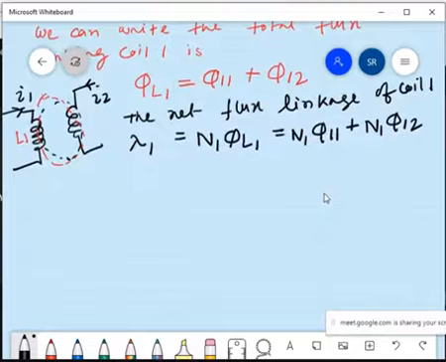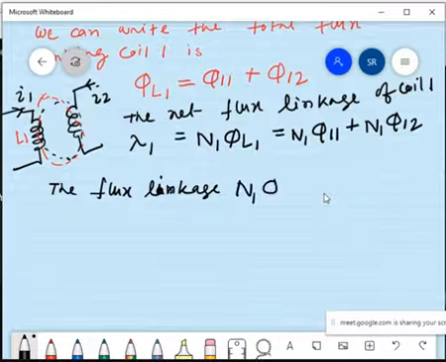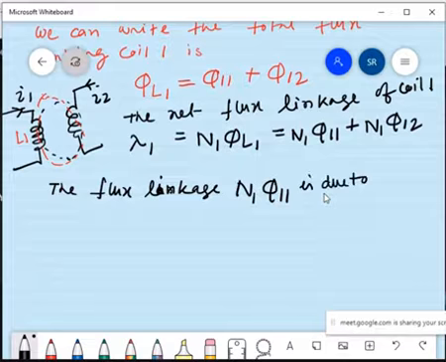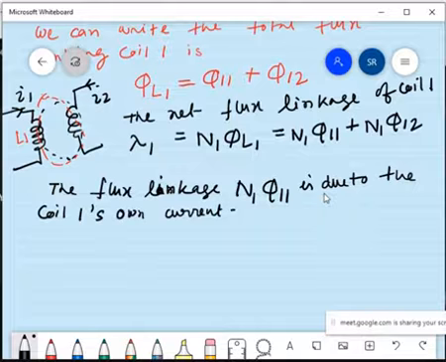Now the flux linkage N1 phi 1 1 is due to the coil 1's own current I1.